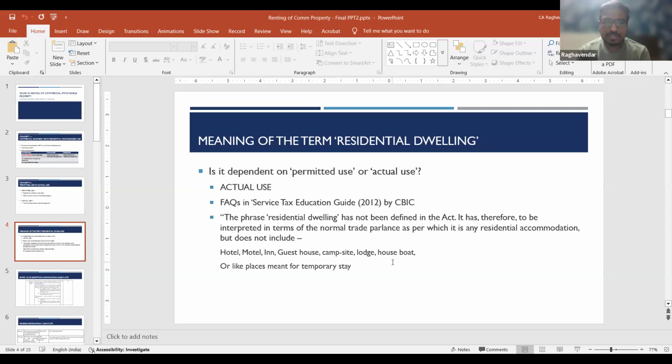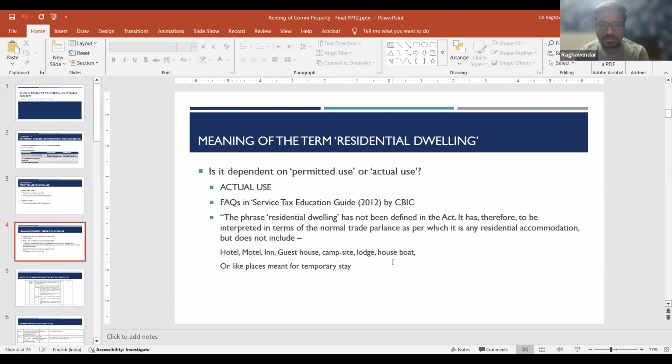Even there is a service tax education guide from way back in 2017, which has somewhat given a meaning of the term residential dwelling. This is exactly the term we are going to look into in the entries. Residential dwelling is not defined in the exemption notification, but the word used is residential dwelling.